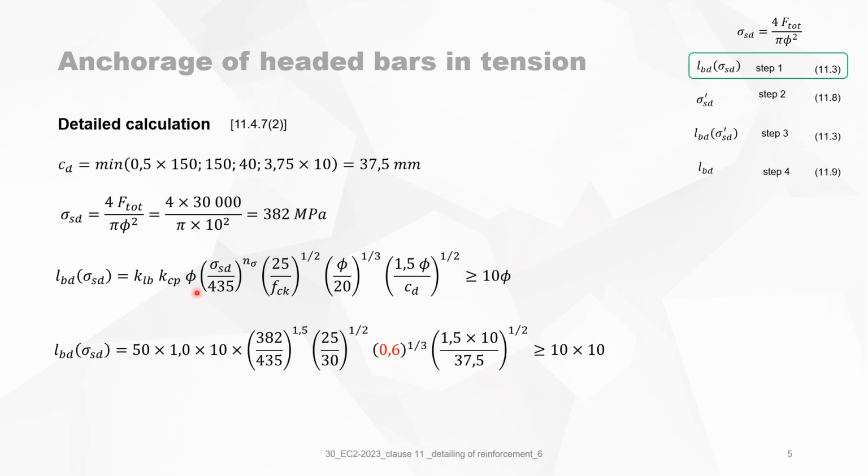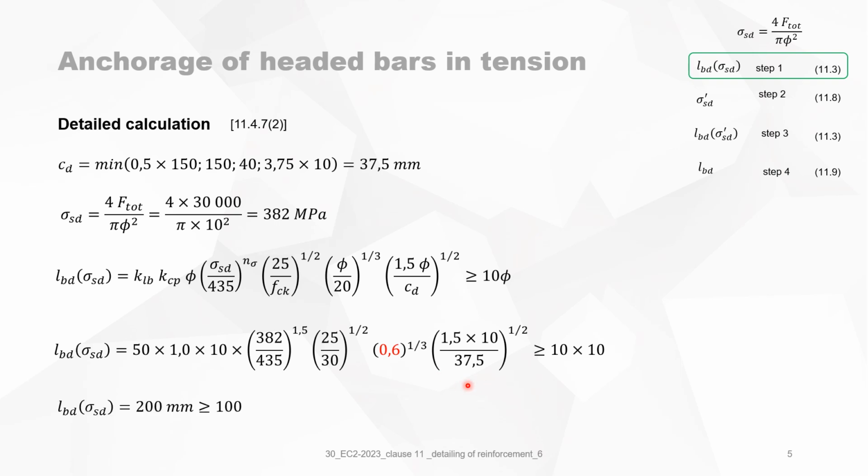We've seen this in the previous videos. Sigma SD is 382. Again, pay attention to phi over 2 because this ratio must be bigger than 0.6. That's why I put it in red, to make it clear for you that you should not fill in here the phi, which is 10 over 20, which is 0.5. No, it should be at least 0.6.